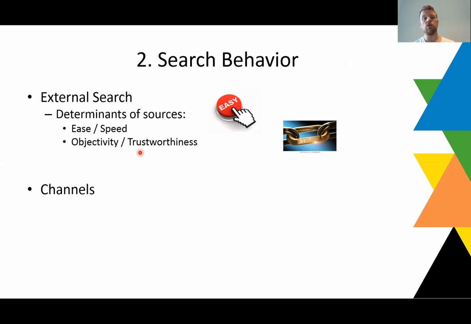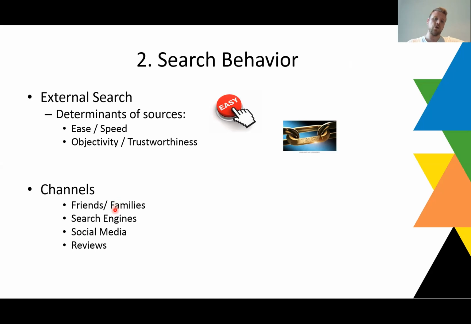Now, where do we do this? Basically, of course, where do we engage in external search? We might either ask friends or families. That's a clear thing. And online, we are even more connected to people who think like us, that might not even be friends or family, but acquaintances that have similar mindsets. Of course, we use search engines, we use social media, we use review platforms. There are tons of these things.